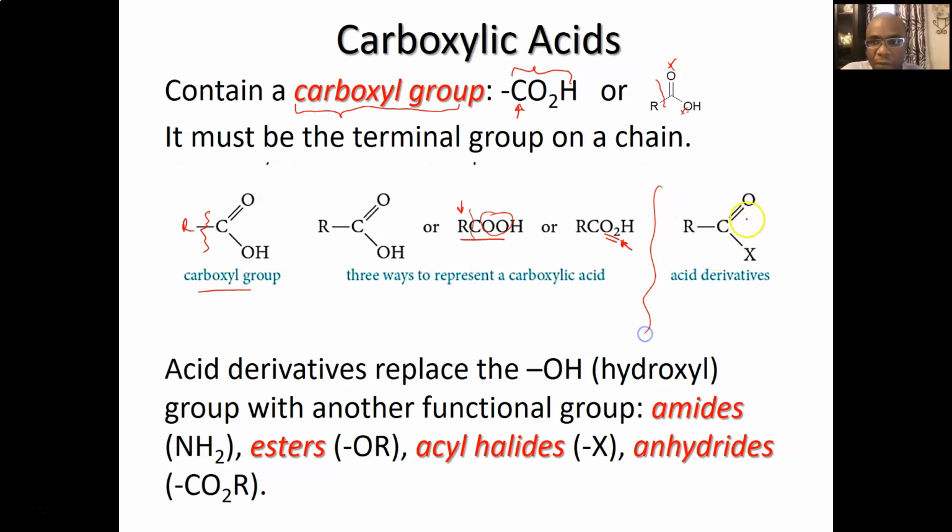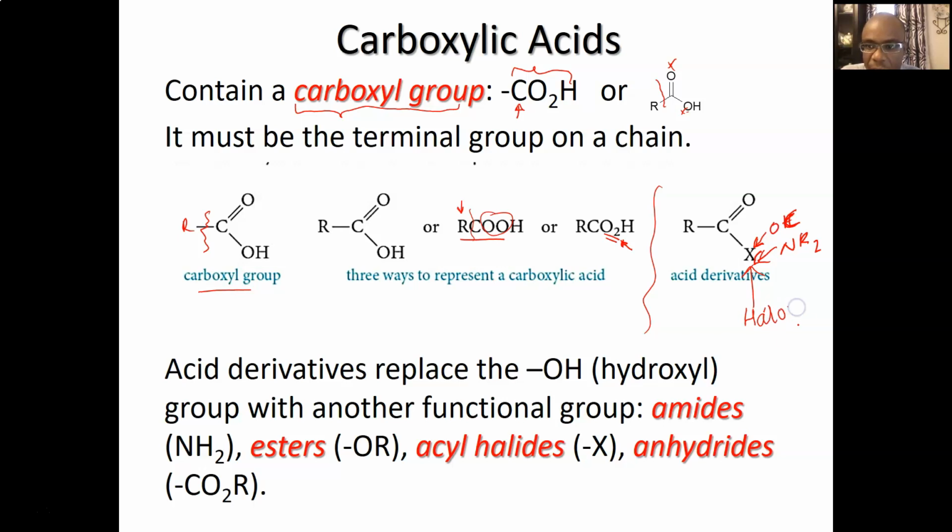And the derivatives could be of this form, where again the X could be an OH. The X could be an OR for an ester, or the X could be an NR2 for an amide, or the X could be a halogen. Okay, X can be a halogen.